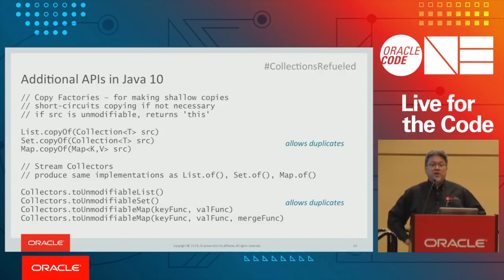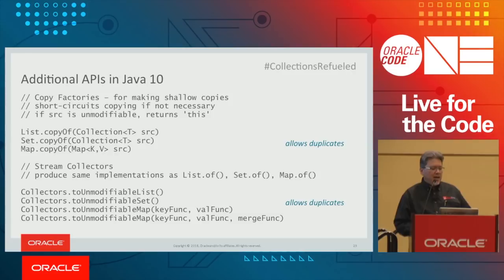There's no need to do a copy because it can't be modified. So what I'd encourage people to do is to create defensive copies using these copyOf methods, because they will short circuit the copy if it is determined that it is safe not to do the copy. However, if the source is a mutable data structure, it will do the copy and then return an unmodifiable copy of the same elements.